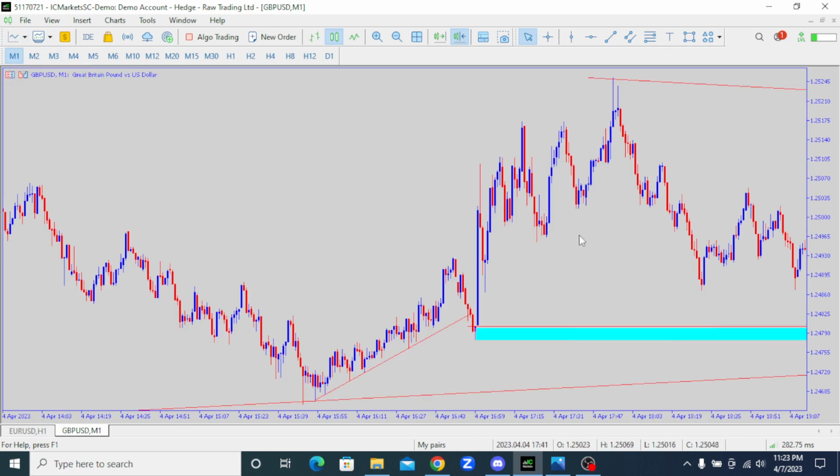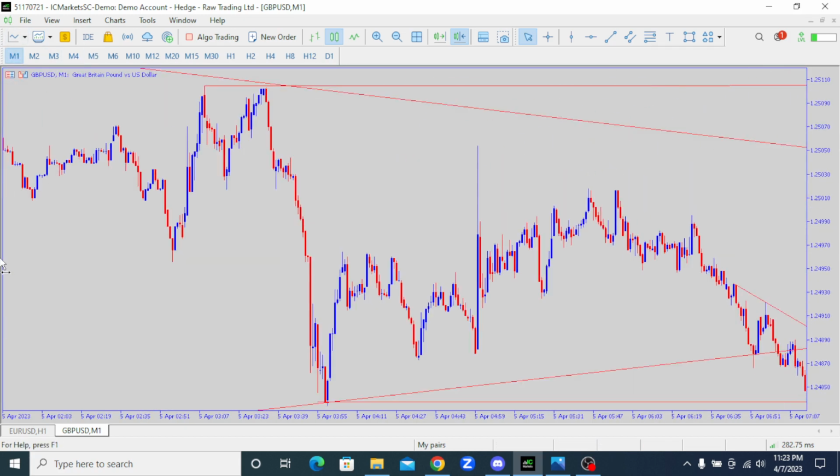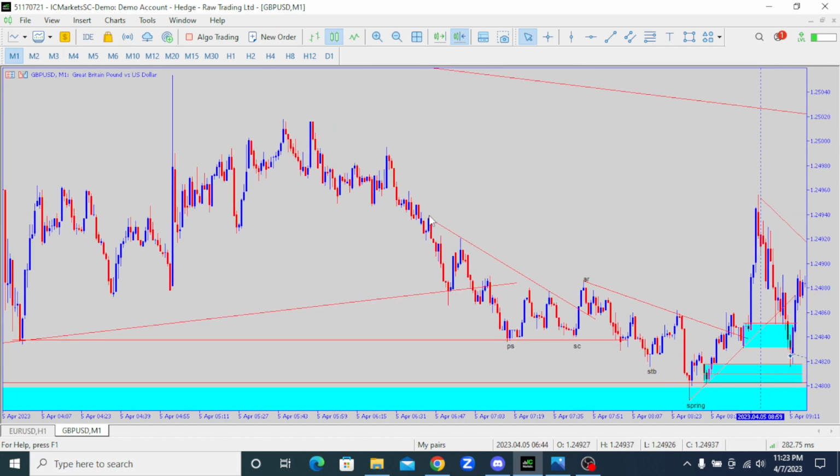And if we go to M1, after the manipulation of this M5 trend line, we created this M1 trend line.